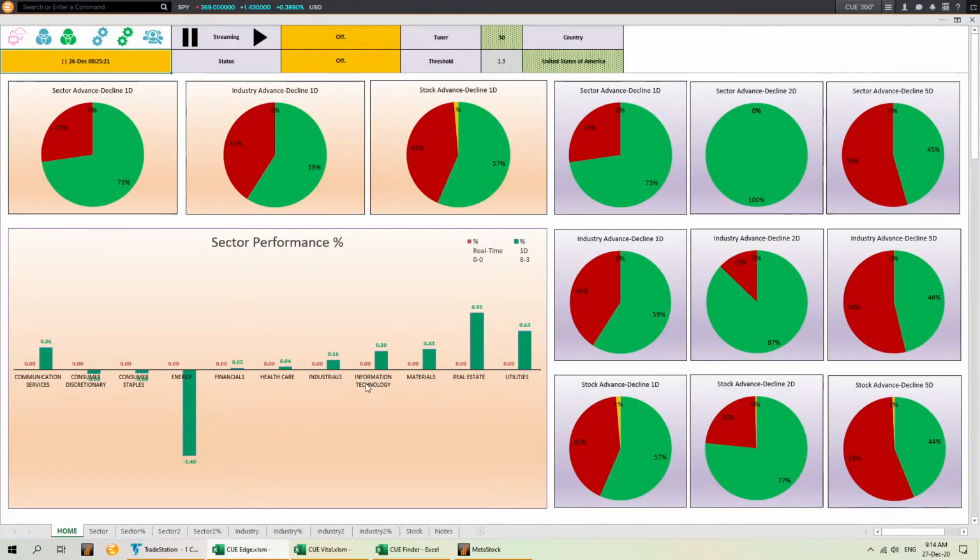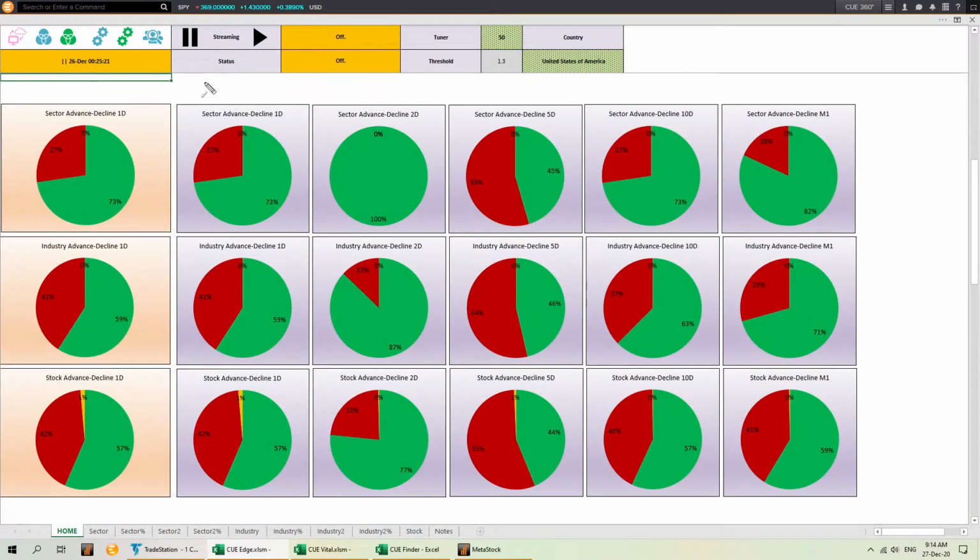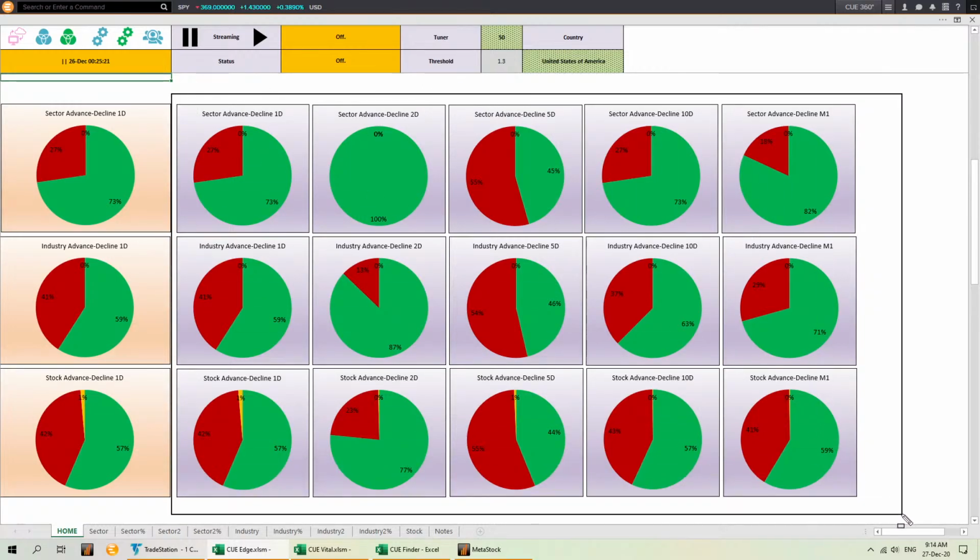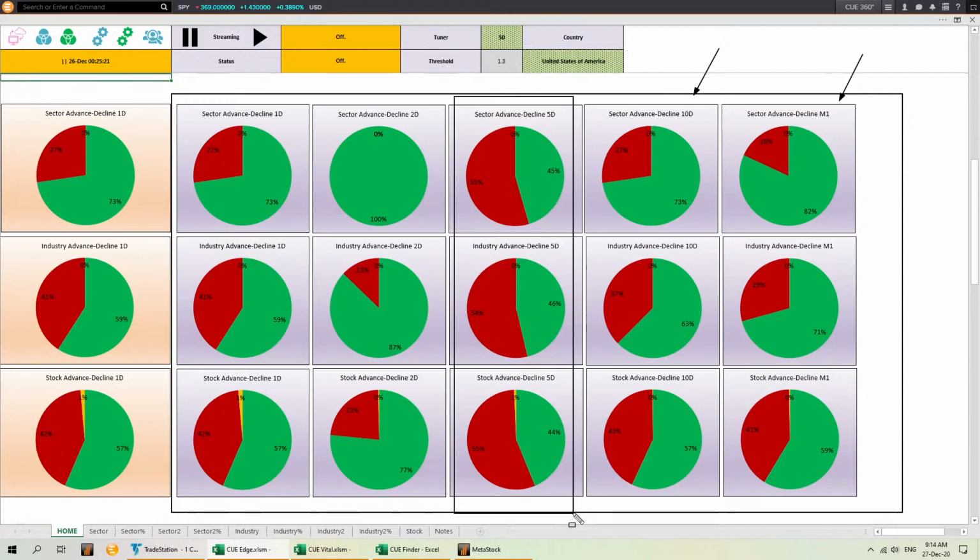If we look at QH to see the sector, industry, stock advanced decline breadth, now we cannot say it is bearish. Over a 1 month period it is clearly bullish, 10 days also bullish. Over 5 days this week it is mixed.